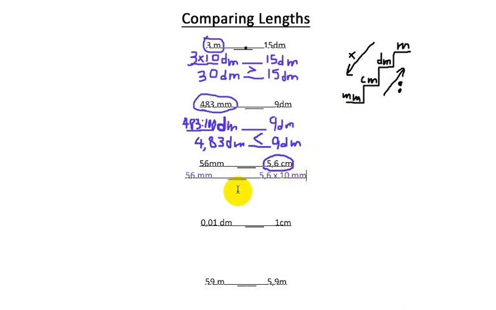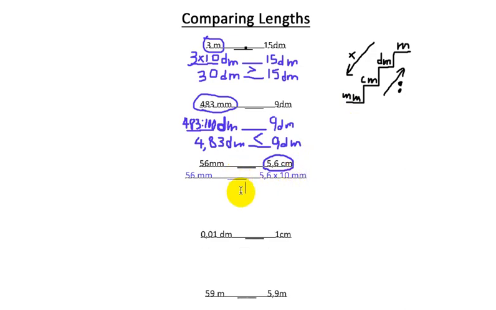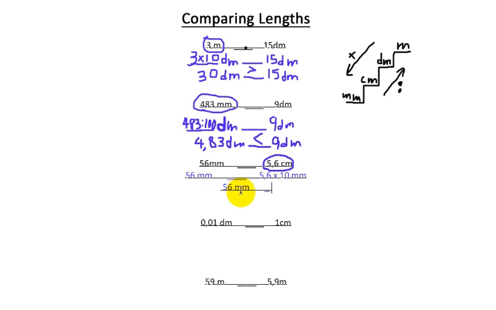Okay, great. 56 millimeters on one side stays the same. And on the other side we have 5.6 times 10. 5.6 times 10 makes 56 millimeters.